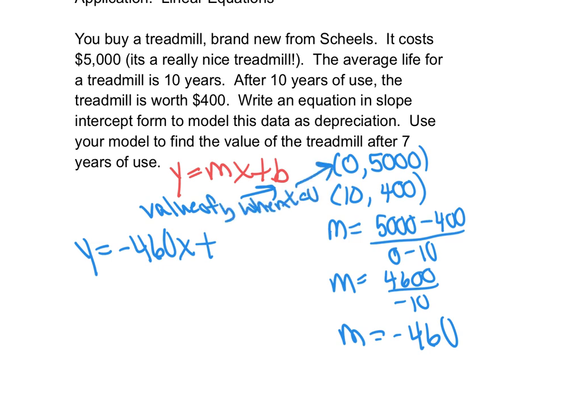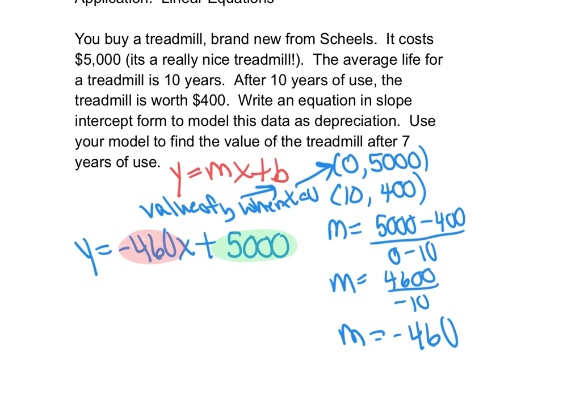Well, we have that ordered pair, so we don't even need to figure out what the y-intercept is. It's given to us. So we have 5,000. So basically, this -460 tells us the rate it's depreciating, and then the other number tells us what we started as a value for our product.